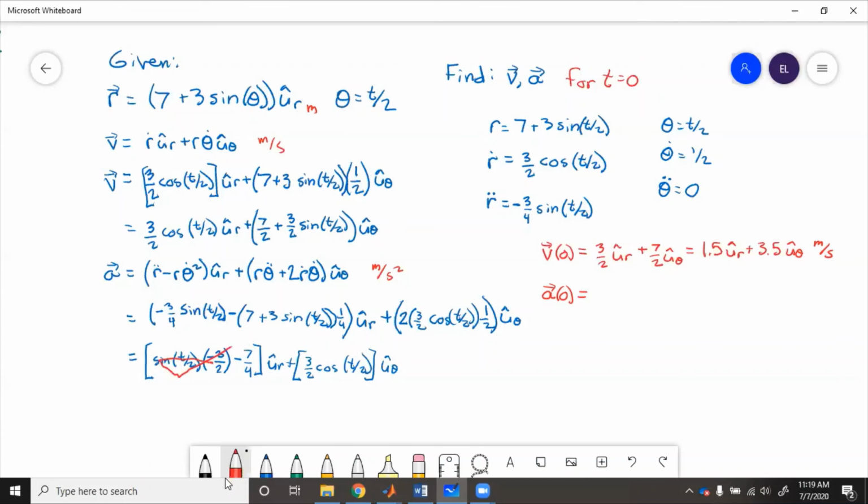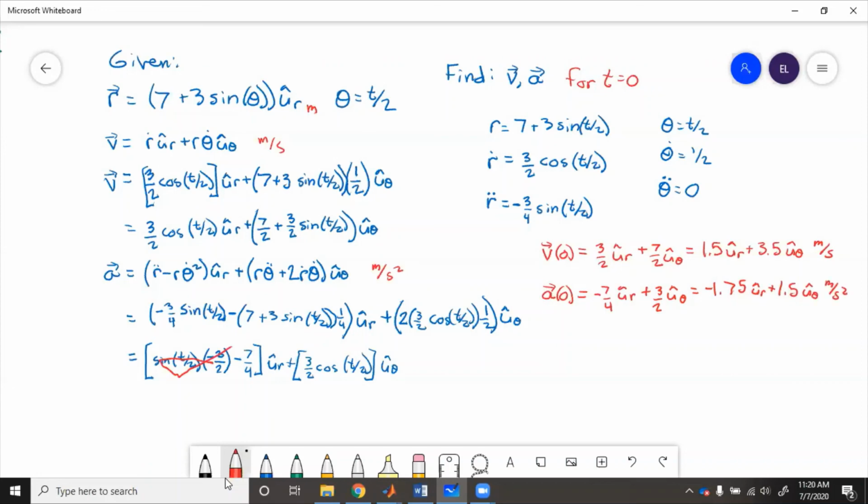And then we'll just have minus 7/4 u_r, and then plus cosine, so plus 3/2 u_theta, which equals minus 1.75 u_r plus 1.5 u_theta meters per second squared.